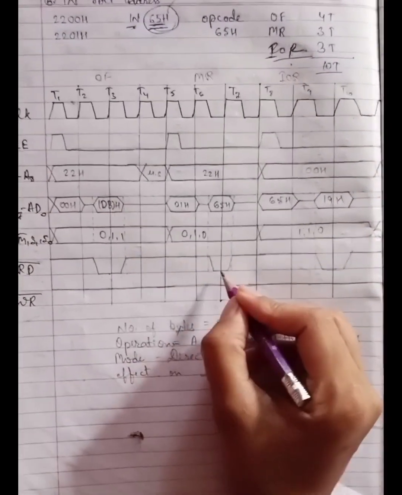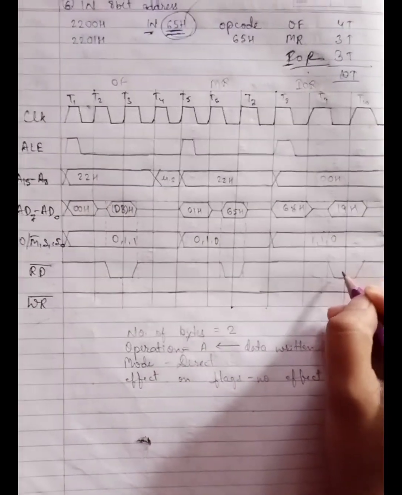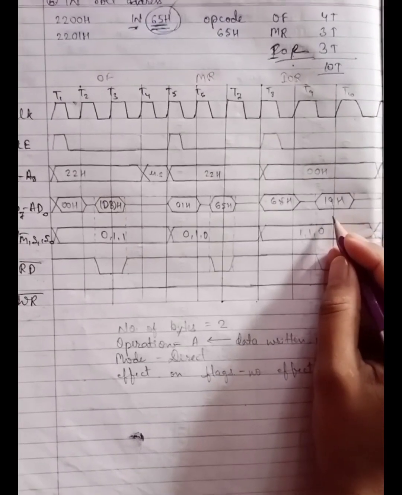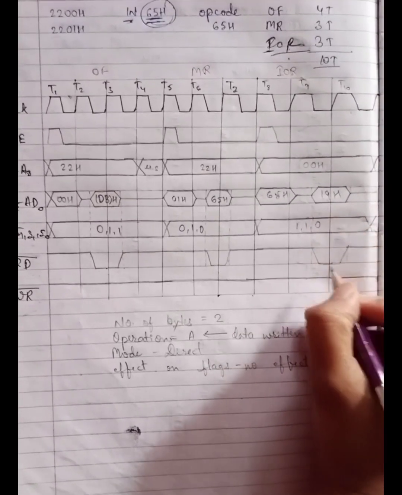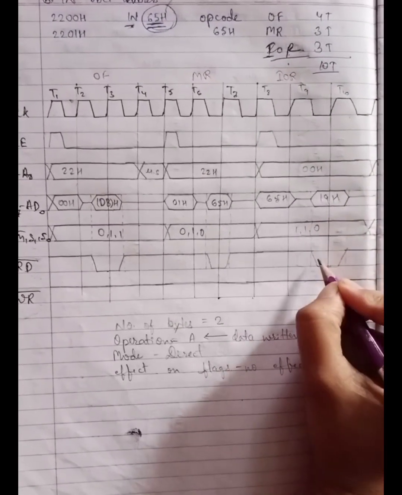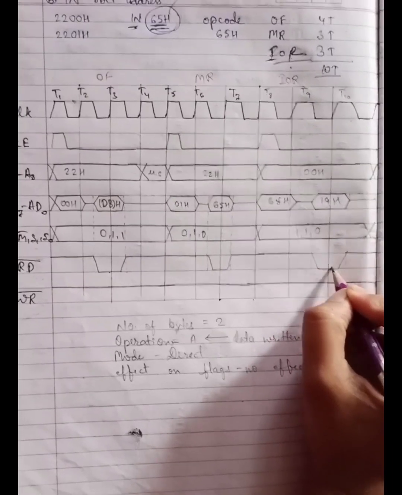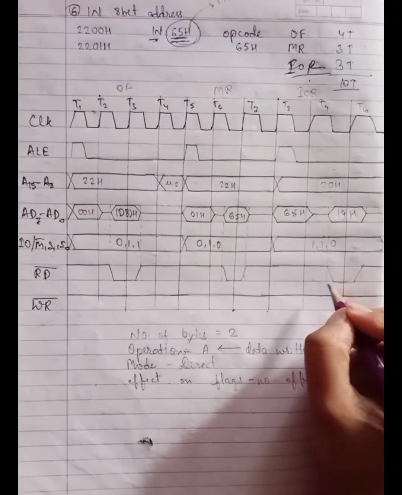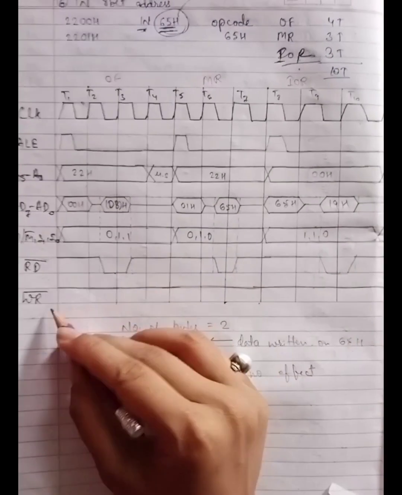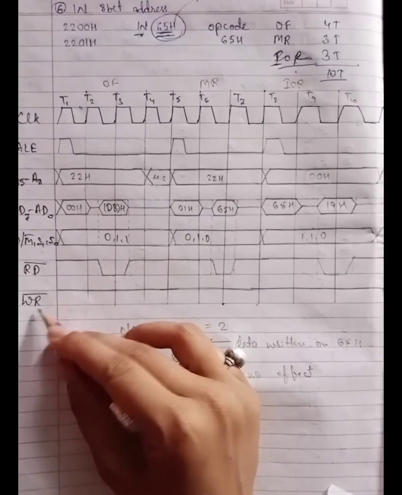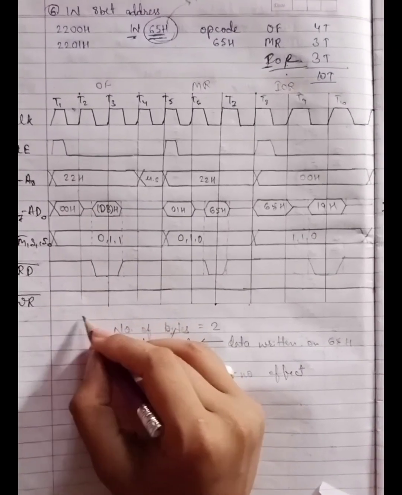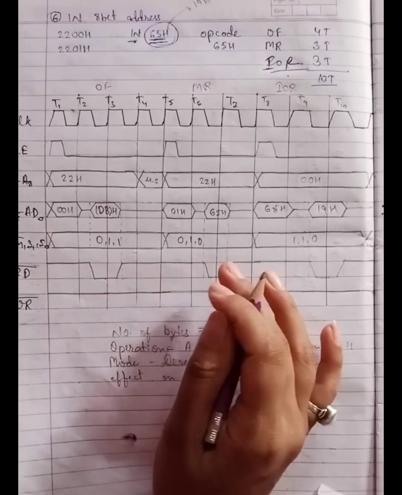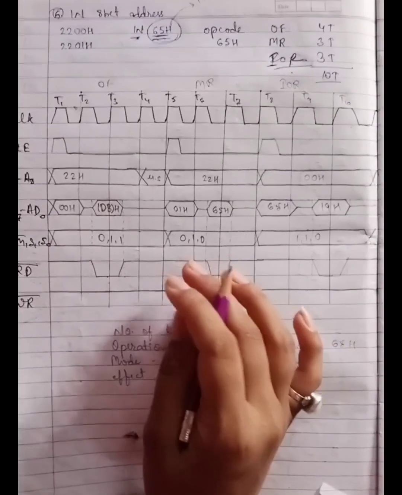Therefore memory read will be enabled here. And to read the data which is present at the 65H address, which is 19H, therefore memory read will be enabled here, and this memory read bar will be disabled here, right? Next is memory write bar, which is of no use as there is no operation in which memory write is taking place.